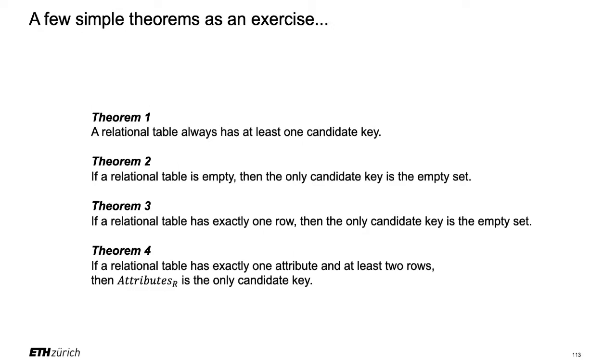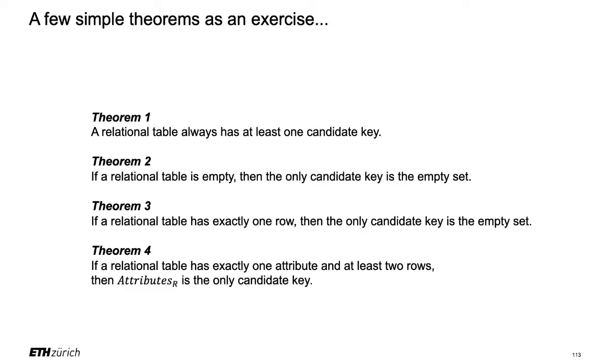Theorem 2 says, if I have an empty relational table, meaning no records at all, then the only candidate key is the empty set. Who sees that? Right, it's the empty set. Because how do I prove that? Well, first, the empty set would be a super key, right? If I have a relational table with 0 or 1 records, we've already established that the empty set is a super key.